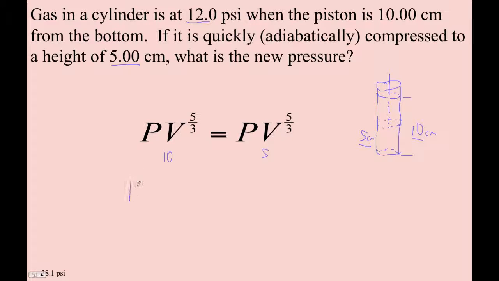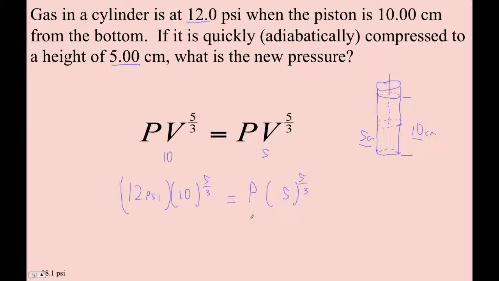12 psi, and then this is really 10 centimeters times the area, so a volume, raised to the 5/3, and that equals some pressure, and then we're going to go 5 raised to the 5/3. Now we can solve for this.